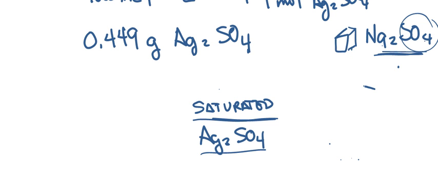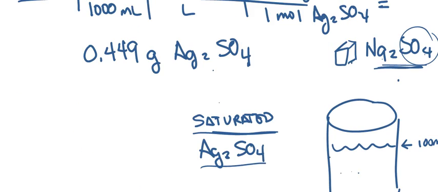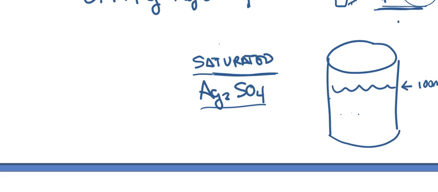Okay. Alright, we have our beaker. And we are saturated. And let's say that this volume right here is 100 milliliters. And again, it's still saturated. What will happen to the concentration of the silver sulfate, or the silver ions, or whatever type of solution we have in here?